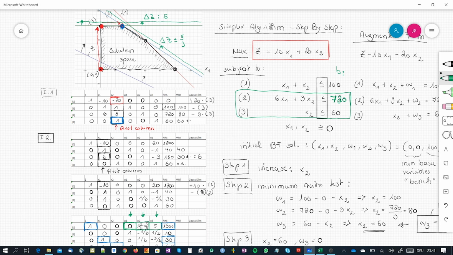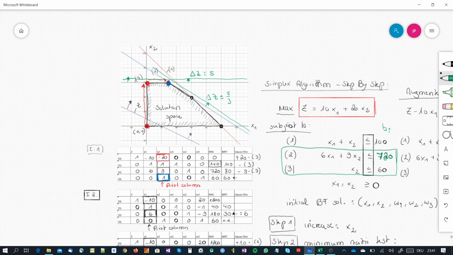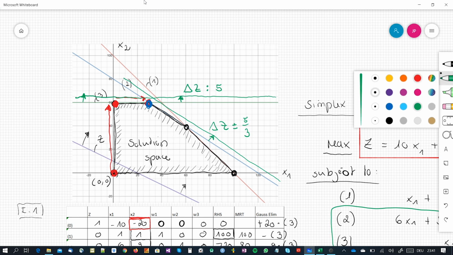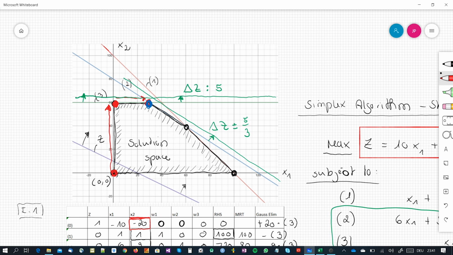And once again, if we look at our graphical solution, this becomes fairly clear, because we can see that our constraint, that was here, our x1, is not partaking in our optimal solution.